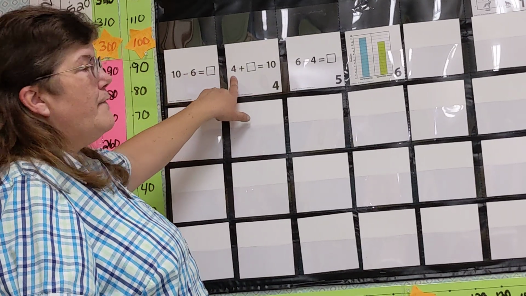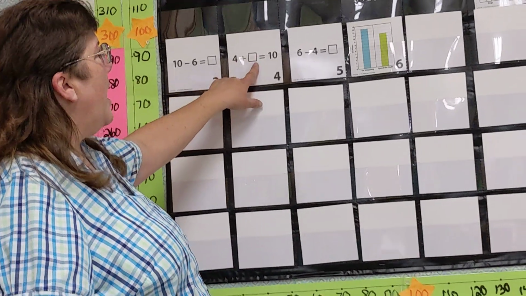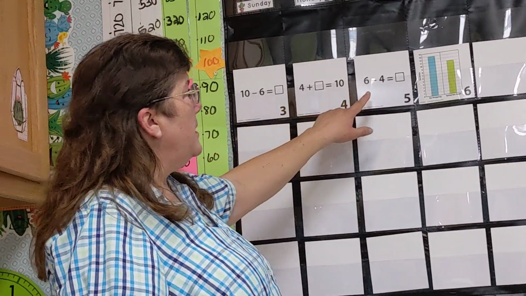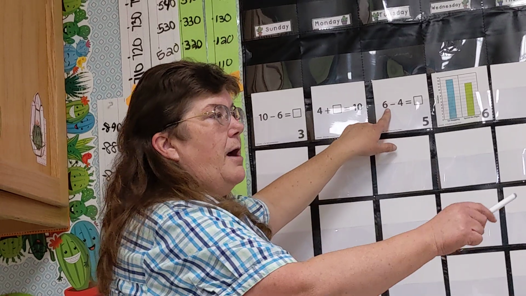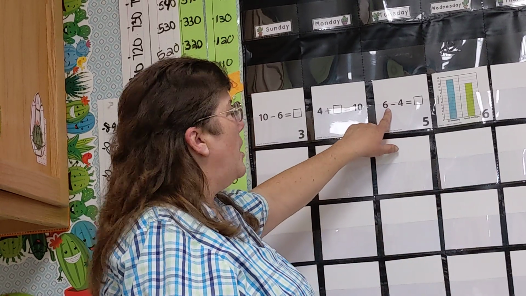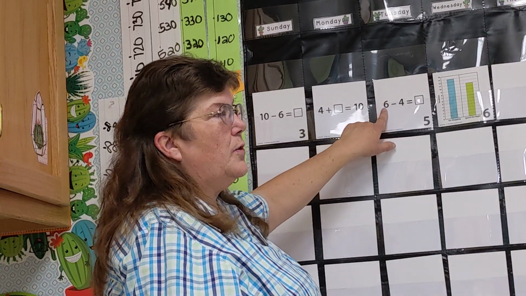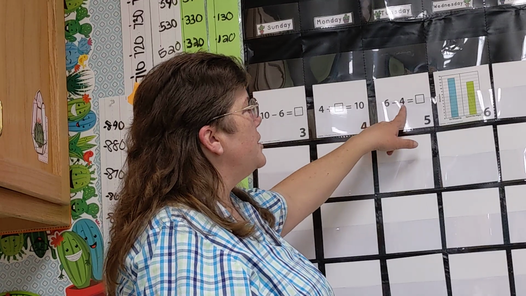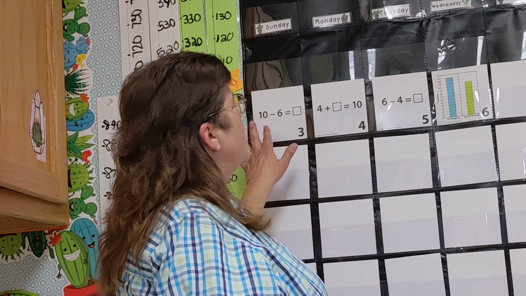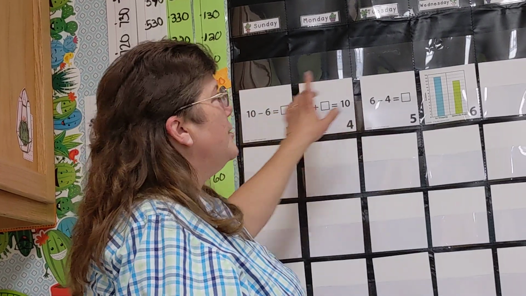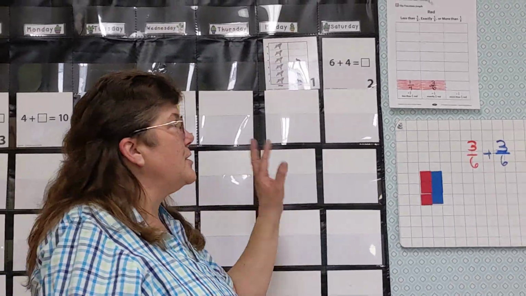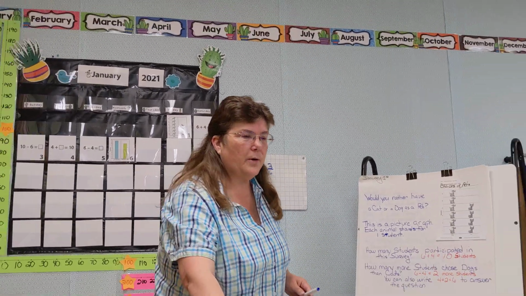This one, 4 people chose cats, how many people chose dogs? And look, here's the equation of how many more students chose dogs than cats. 6 total dogs minus 4 people that chose cats are 2. So these do follow the graph. So we will be answering those questions, and I can write those down quickly down here.